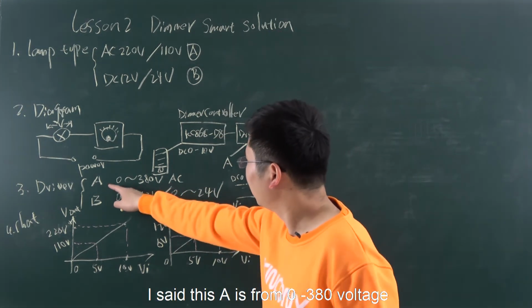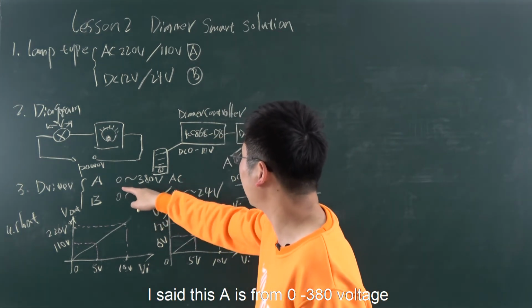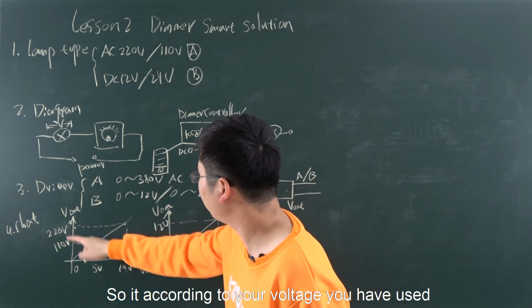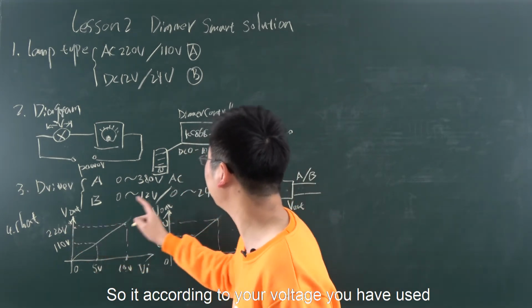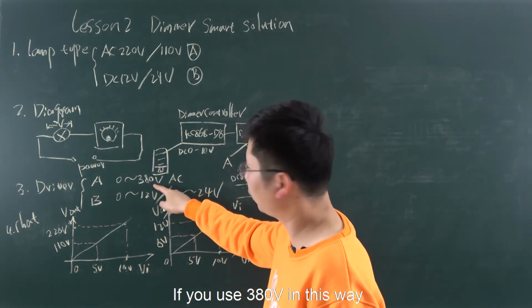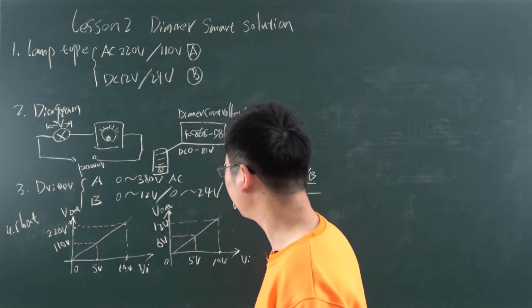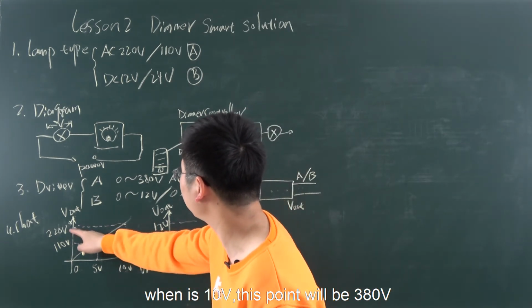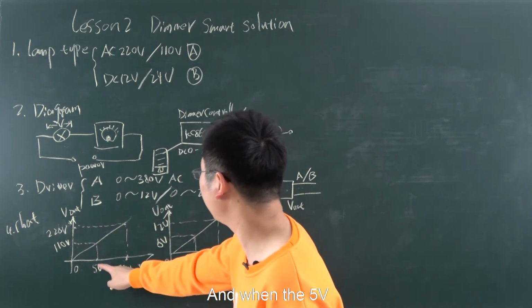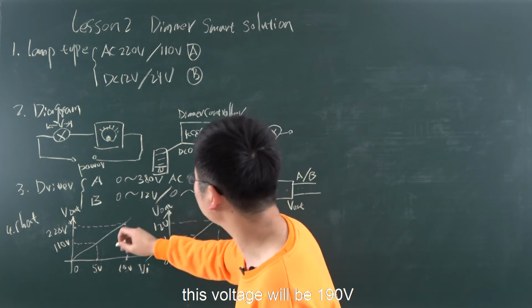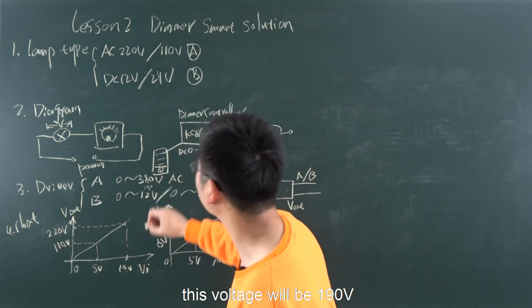I said this A is from 0 to 380 voltage, so it depends on the voltage you use. If you use 380 voltage in this way, then when the input is 10 voltage, this point will be 380 voltage. And when it is 5 voltage, the output will be 190 voltage.